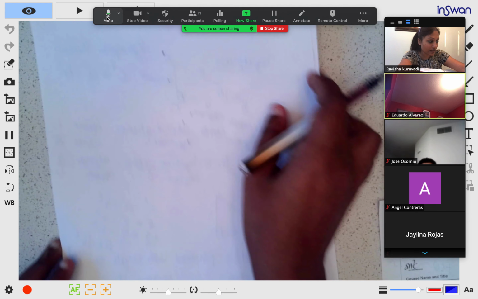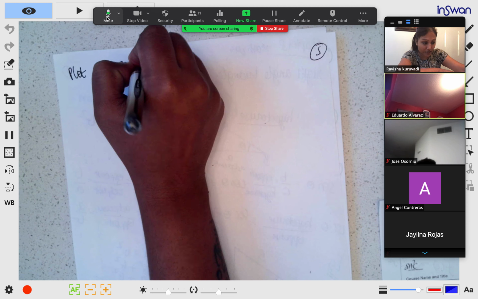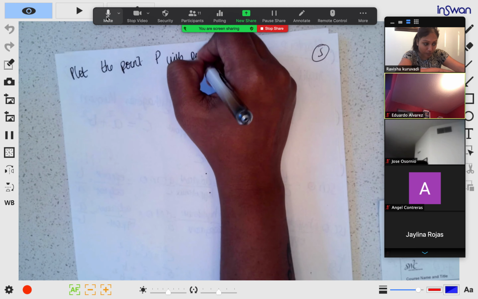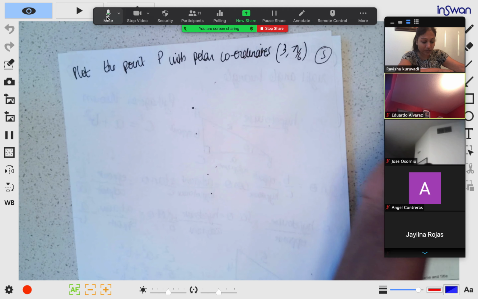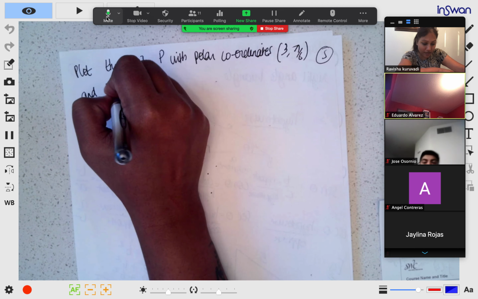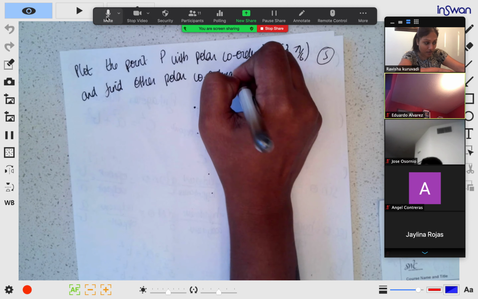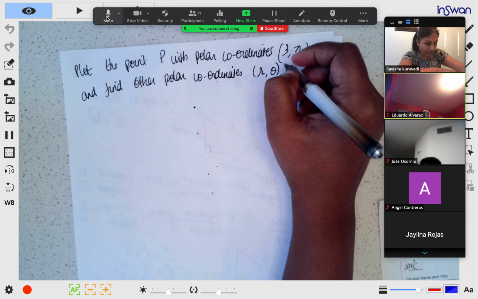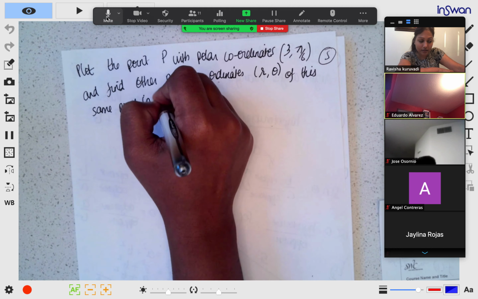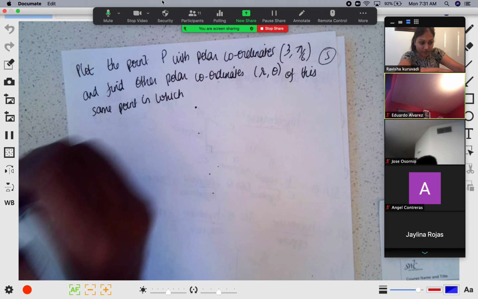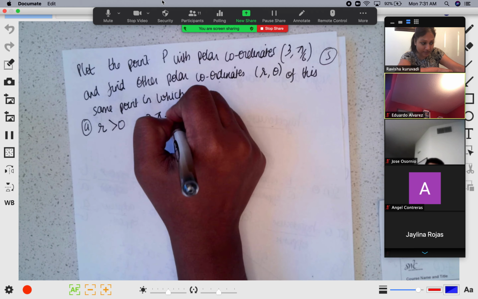Let's do one question on this. It says, plot the point P with polar coordinates 3, pi by 6, and find other polar coordinates (r, theta) of this same point in which, A, r is greater than 0 and theta is between 2 pi and 4 pi.